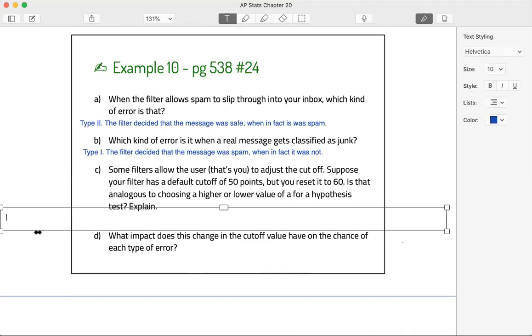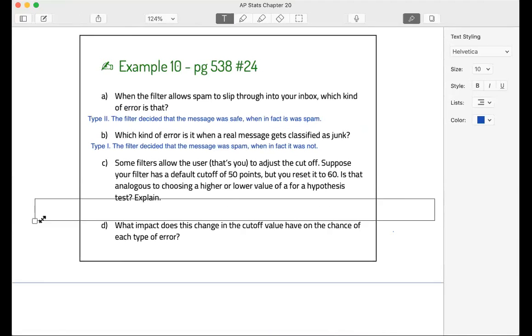All right, so let's do this one. So C. This is analogous to lowering alpha.